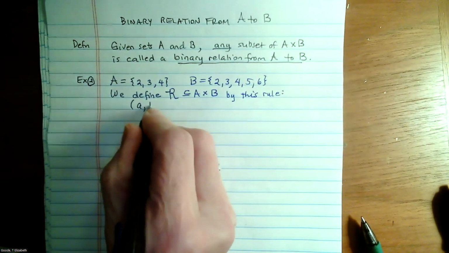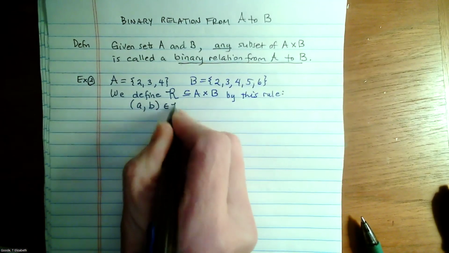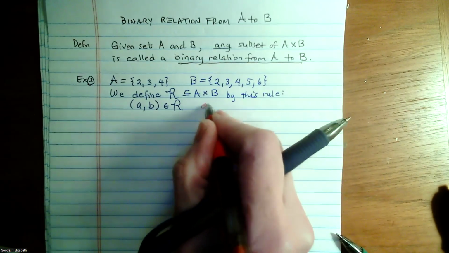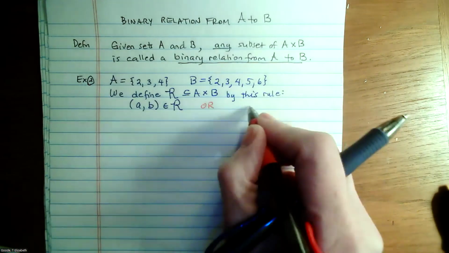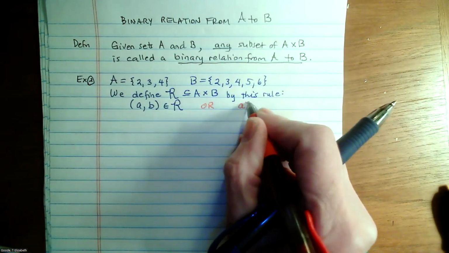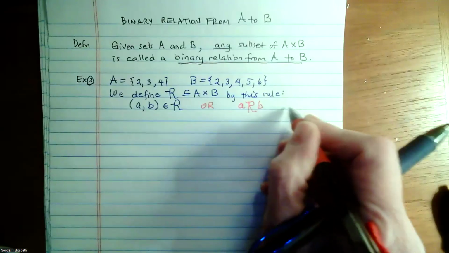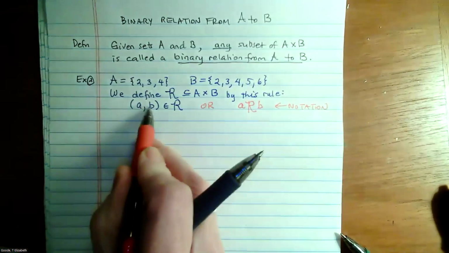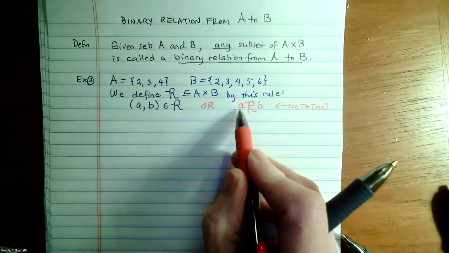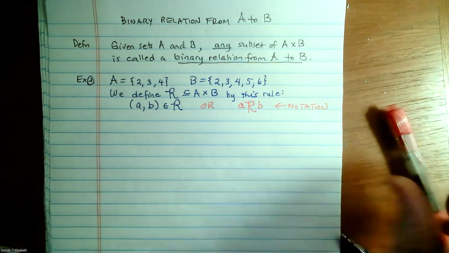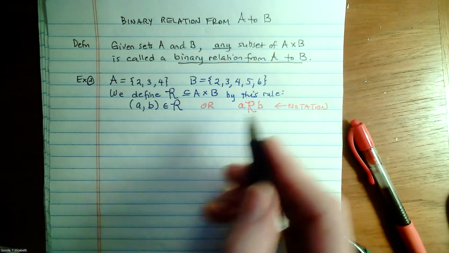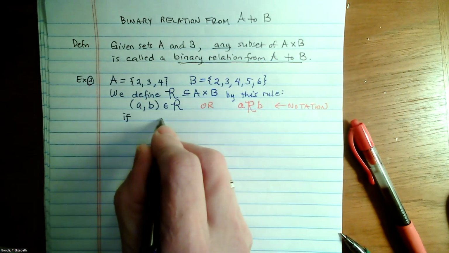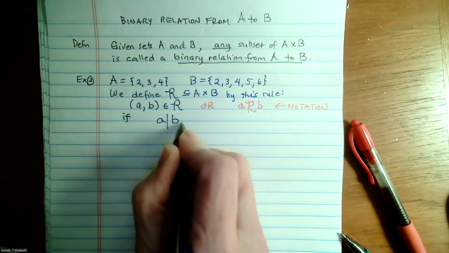Well, there are a couple of different notations, so I want to show you the notation. Of course, ordered pair notation, (a, b) is an element of R, or another notation that we like is a R b. So this is a notational thing. It means the same thing as (a, b) is in curly R. We just say a is R to b, or a is related to b, if a divides b.